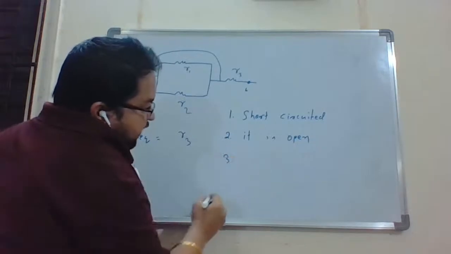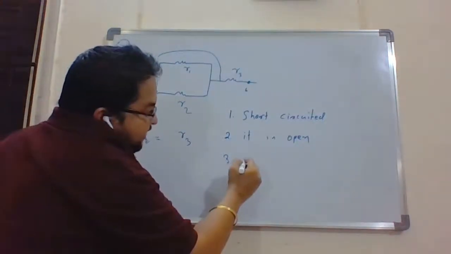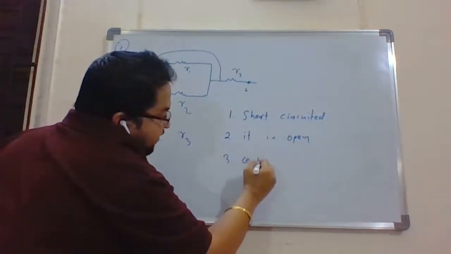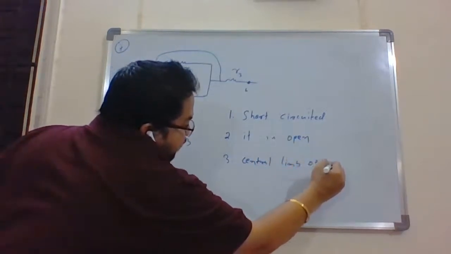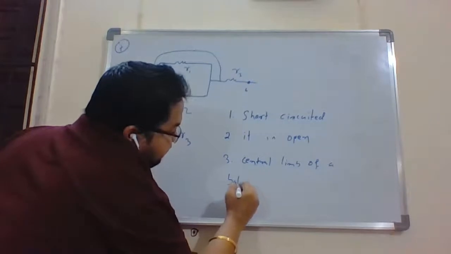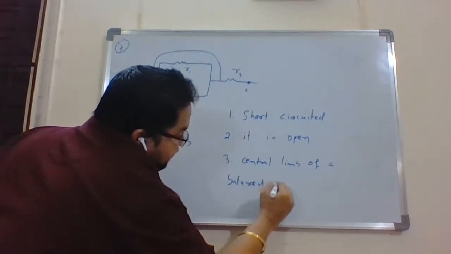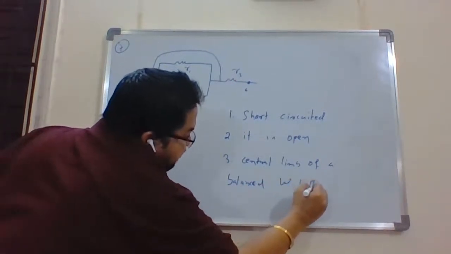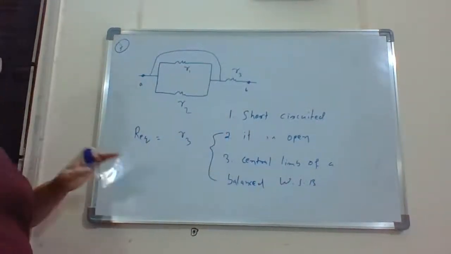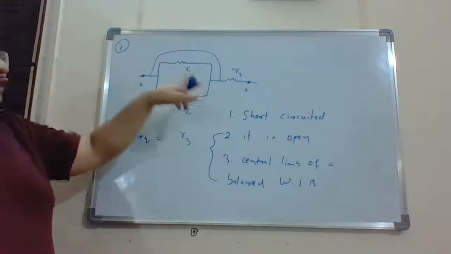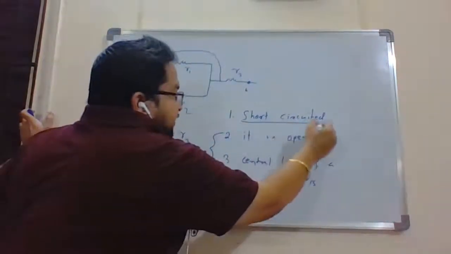And third, very important thing, is when it is the central limb of a balanced Wheatstone bridge. These fundamentals we will see a little later, but right now I wanted to introduce the first one, that is related to short circuit.